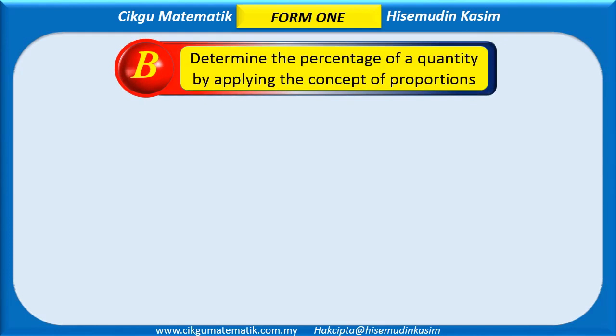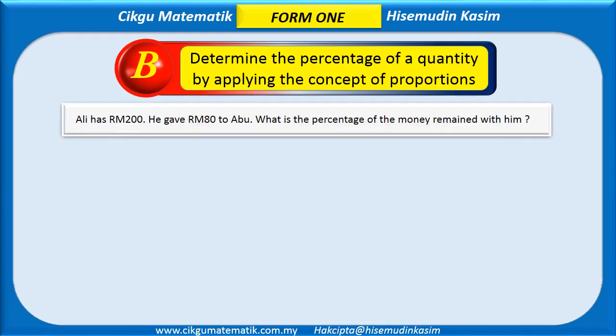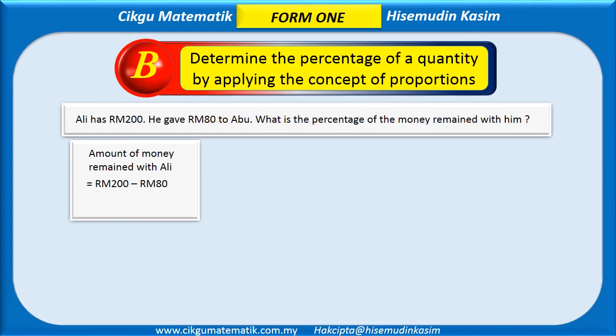B. Determine the percentage of a quantity by applying the concept of proportion. Ali has 200 ringgit. He gives 80 ringgit to Abu. What is the percentage of the money remaining with him? Amount of money remaining with Ali equal to 200 ringgit minus 80 ringgit equal 120 ringgit.